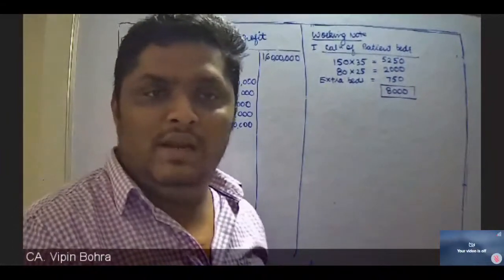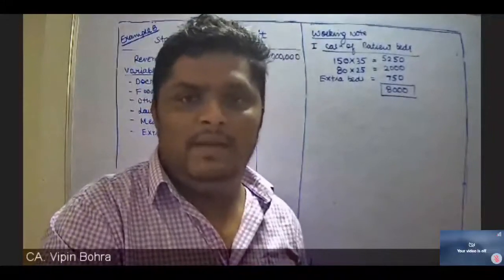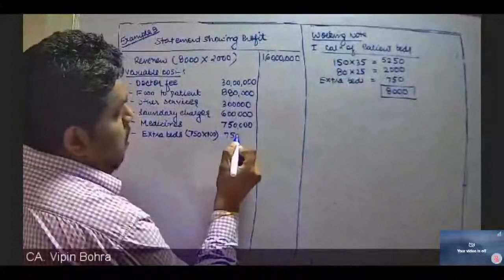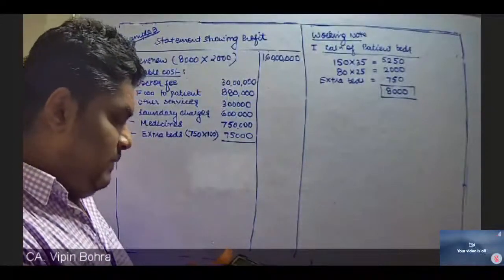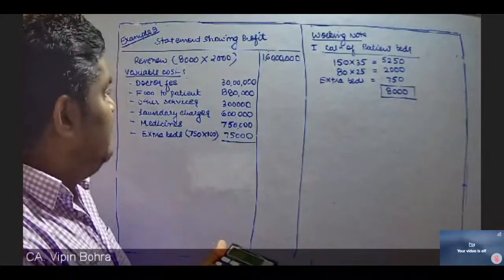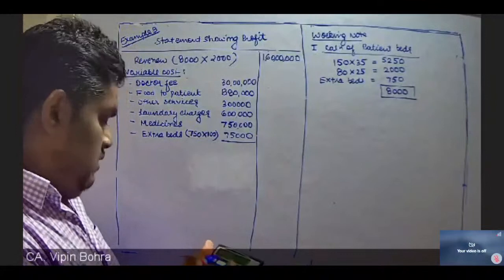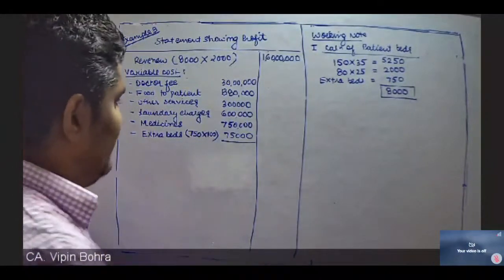The hospital hired 750 beds at a charge of 100 per bed per day. So 750 into 100, 75,000. So we have got the total variable cost: 30 lakh plus 8.80 plus 3 lakh plus 6 lakh plus 7.50 plus 75,000, 56 lakh 5,000.